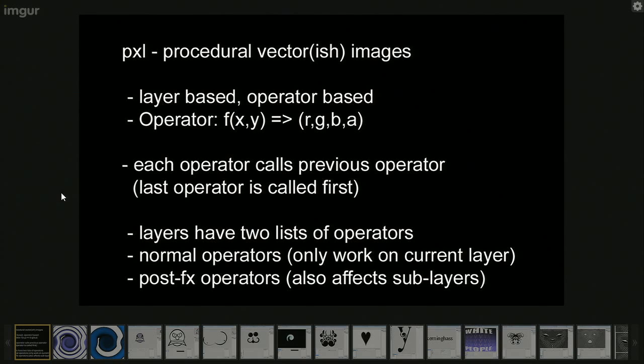You put an XY coordinate in, and you get a pixel out, and each operator calls its previous operator, so the last operator is called first. And layers have actually two lists of operators, because layers also can have sub-layers. So the normal operators only work on the current layer, and the post-fx operators can also affect the sub-layers.